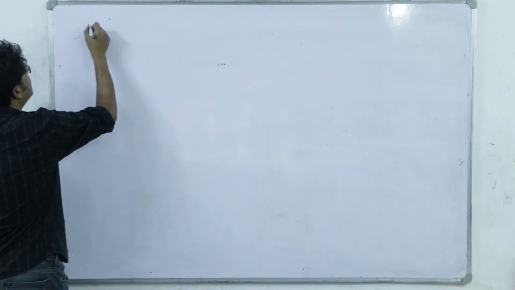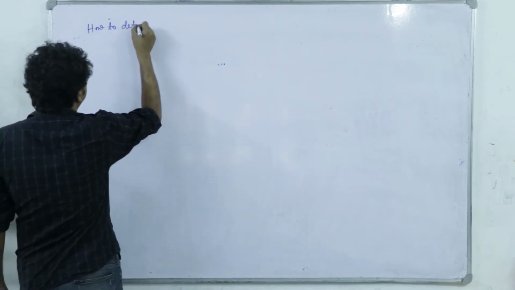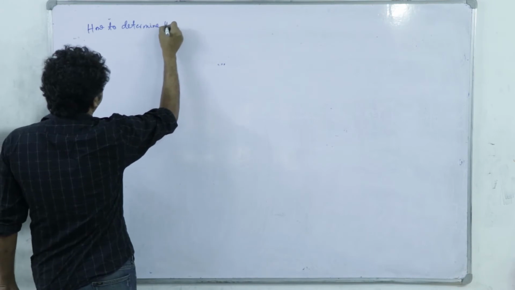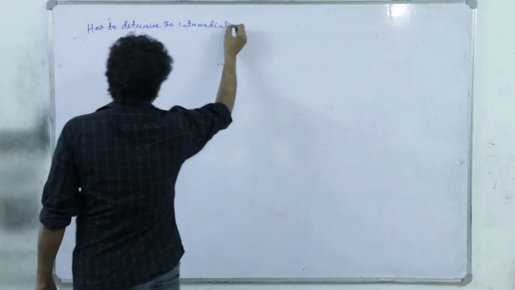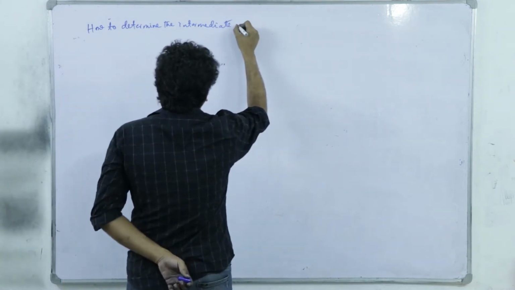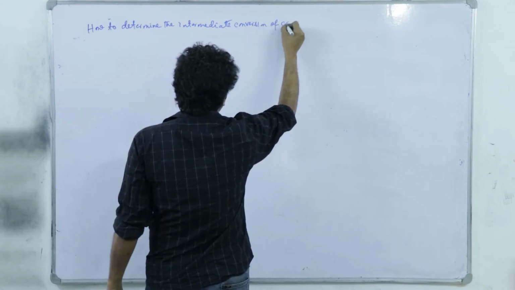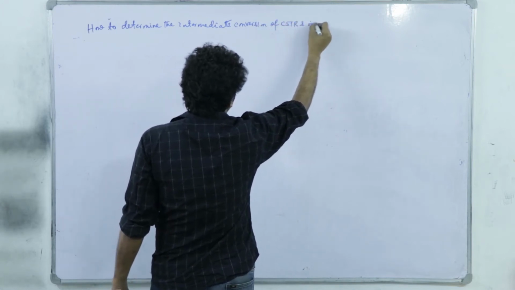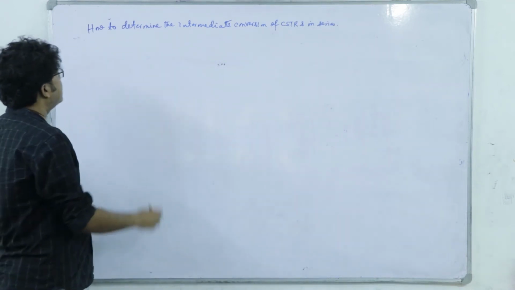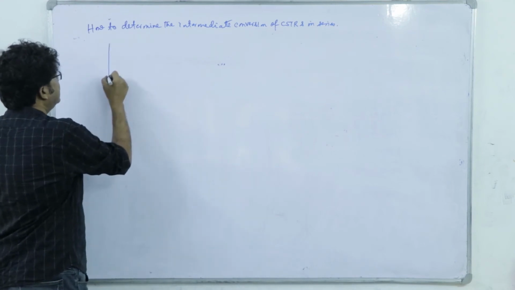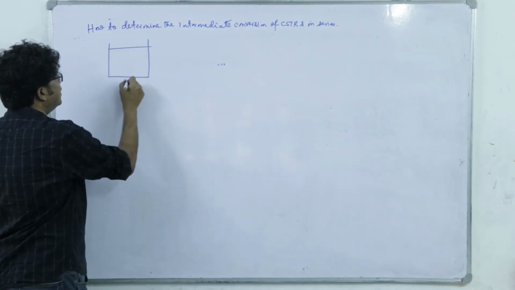So our point here is how to determine the intermediate conversion of CSTRs in series. So you see that here we can have different size. Volumes are given.